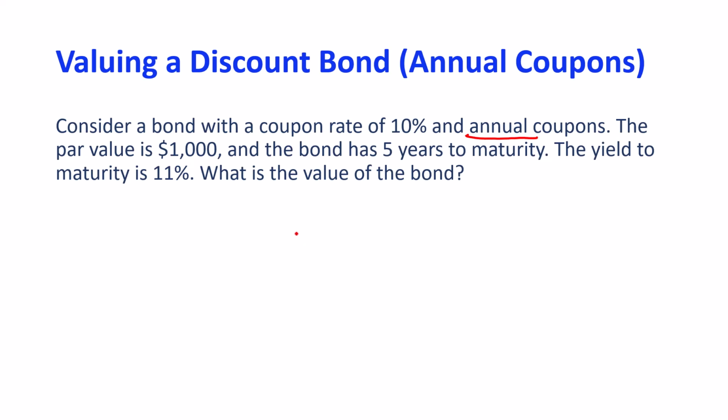The par value is 1,000. If the question doesn't mention the par value, you should assume it's 1,000 because most bonds in the US have a par value of 1,000. The bond has 5 years to maturity, meaning that in 5 years, the issuer has to pay the last coupon plus the $1,000 face value, and the yield to maturity is 11%. The yield to maturity is our discount rate.